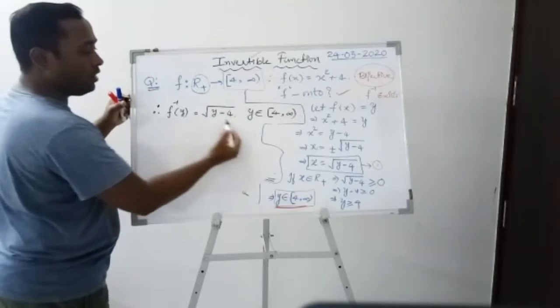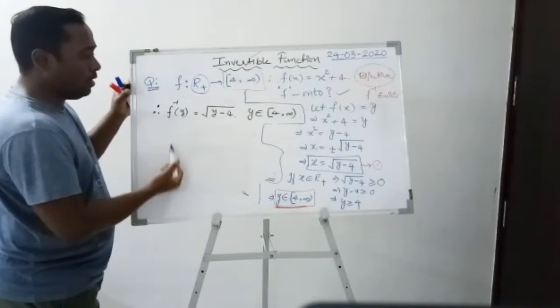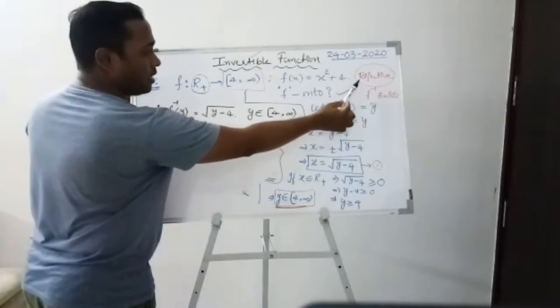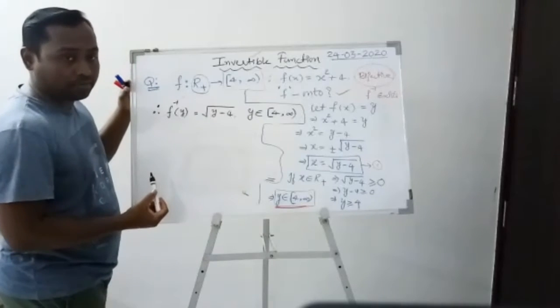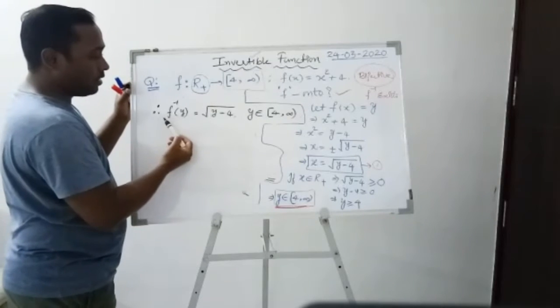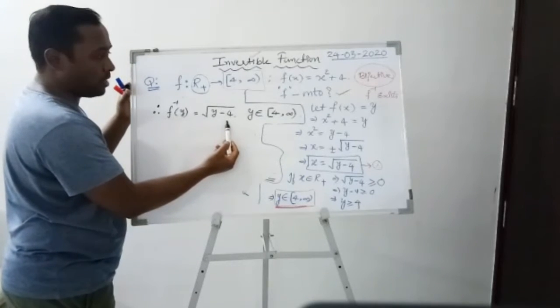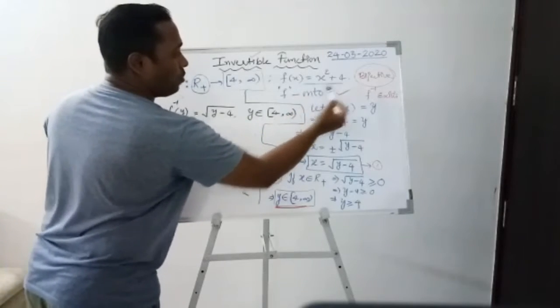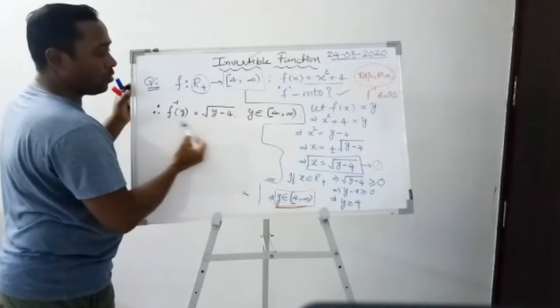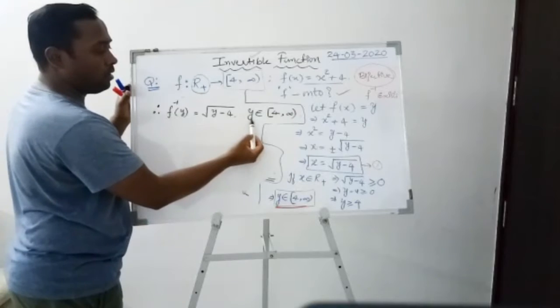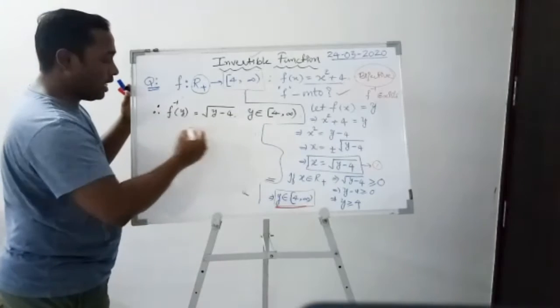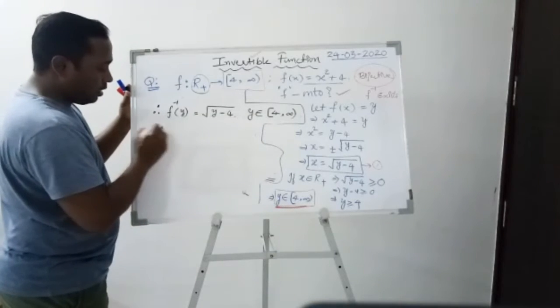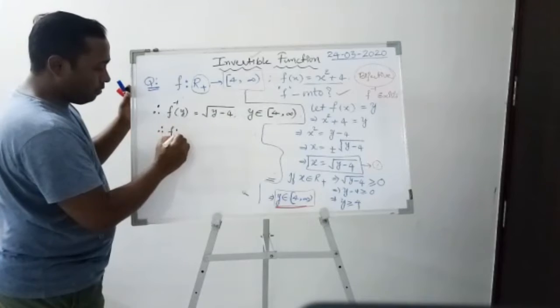So we got the inverse of the given function because it satisfied the condition that it is bijective. Hence its inverse is written as under root of y minus 4. If the function is x square plus 4, its inverse is under root of y minus 4, where y belongs to 4 to infinity.